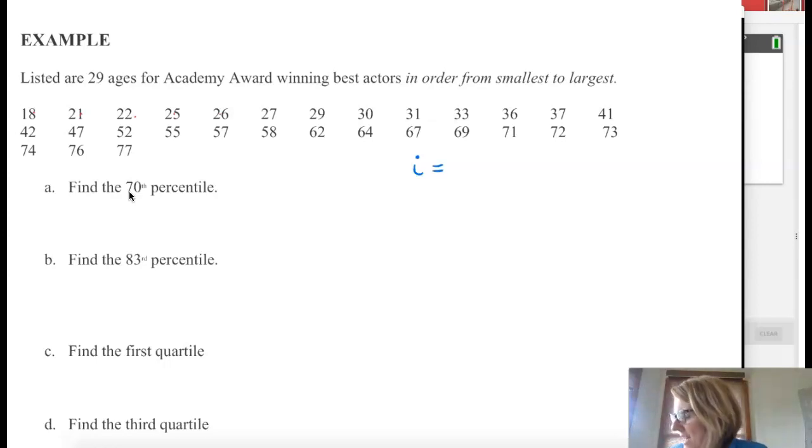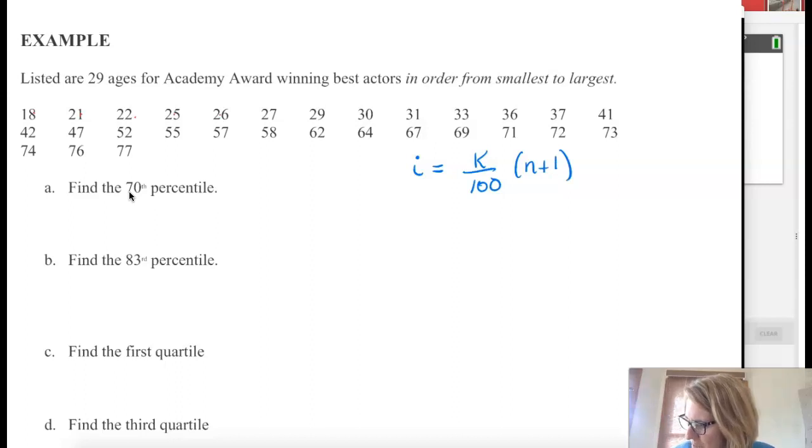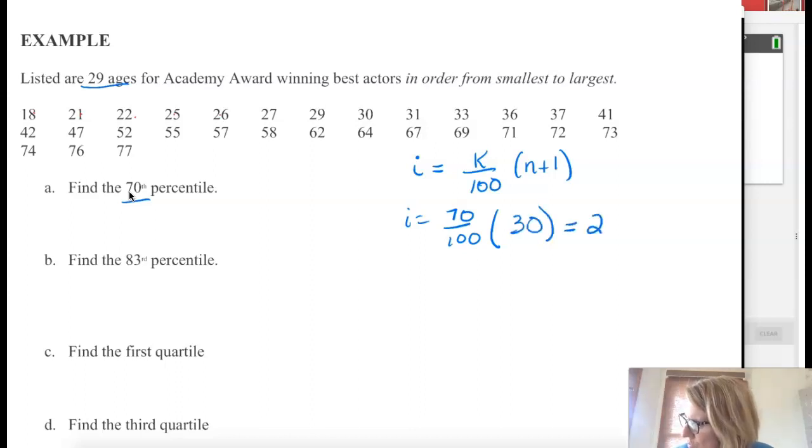And the formula that our text uses is k over 100, and k is our percentile, times n plus 1. So to find the position of the 70th percentile, we would take 70 over 100, which is 0.7, times n plus 1. So this would be times 30. And that would give us 21.